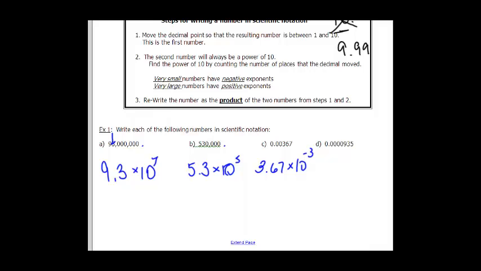And the last one, 9.35, and in order to get the 9.35, we had to move our decimal point 1, 2, 3, 4, 5 places. So that's times 10 to the negative 5. Why don't you take a look at the next page and try those examples on your own?